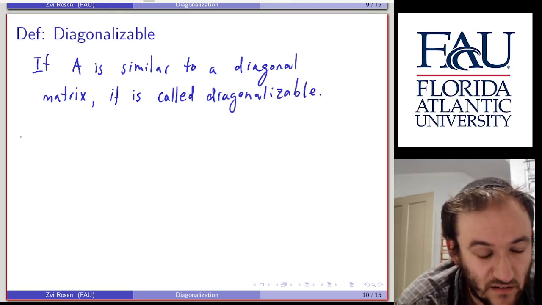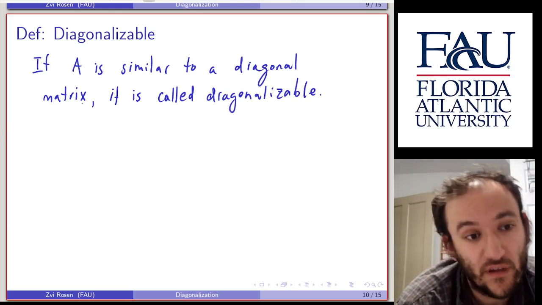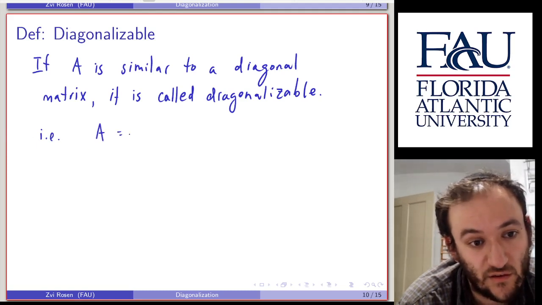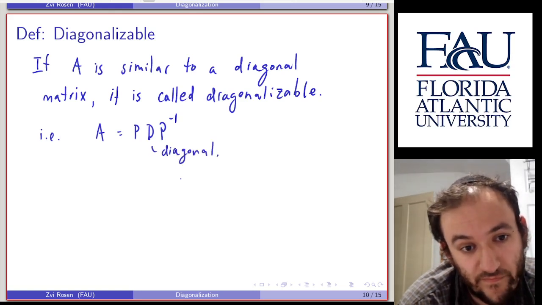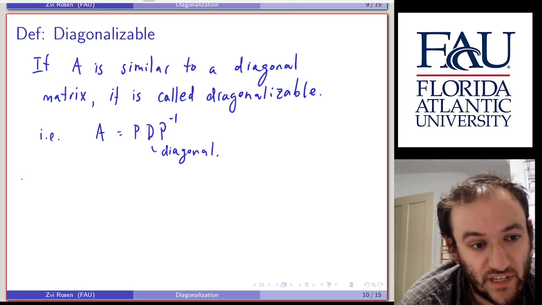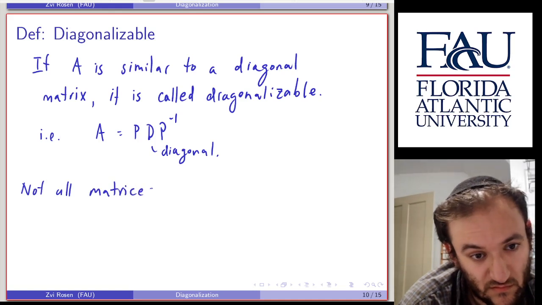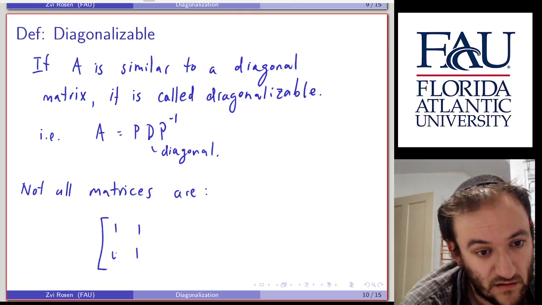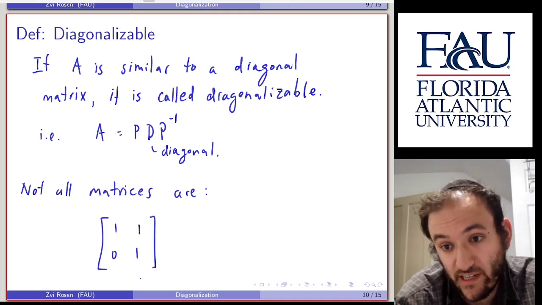In particular, you can use this diagonalization process with eigenvectors and eigenvalues to get a factorization A equals P D P inverse. Okay, but not all matrices are diagonalizable. In particular, this matrix is not similar to any diagonal matrix.